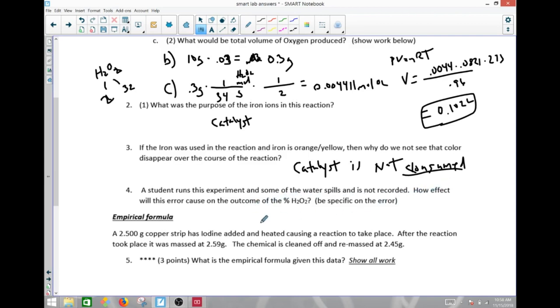A student runs this experiment and some water spills in and is not recorded. How will the effect of this error cause an outcome of H2O2? Well, in this case, be specific on the error. Okay, so the student runs this experiment and some water spills and is not recorded.